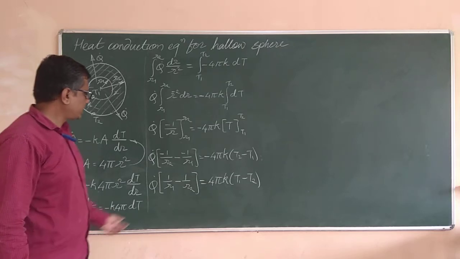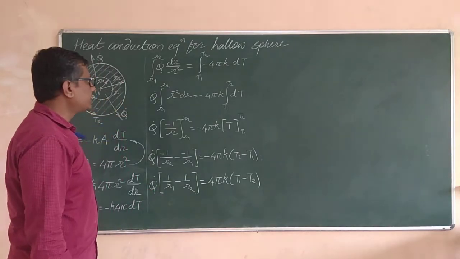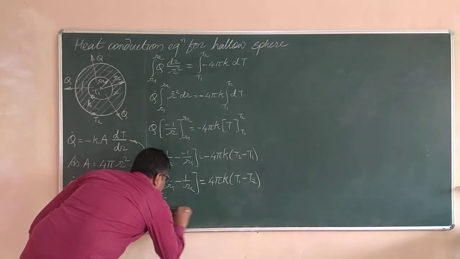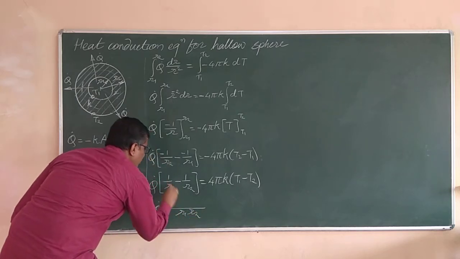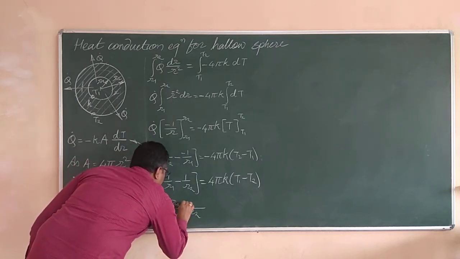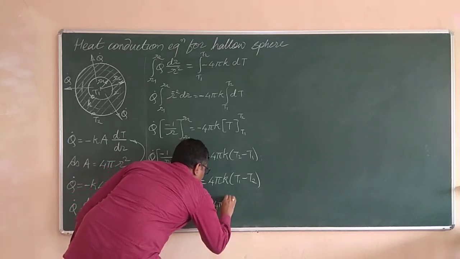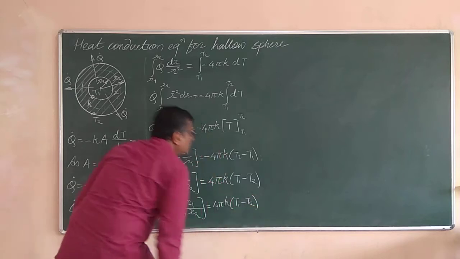So I think we can take the LCM on this side. If I take the LCM, I will get Q dot as it is into the bracket, the LCM is R1 R2, and in the numerator it will be R2 minus R1, that equals 4 pi k T1 minus T2.